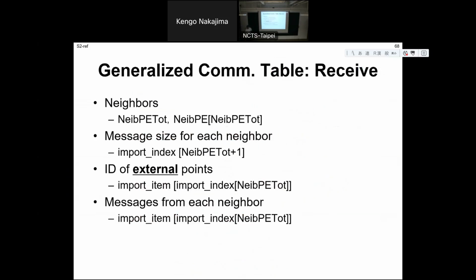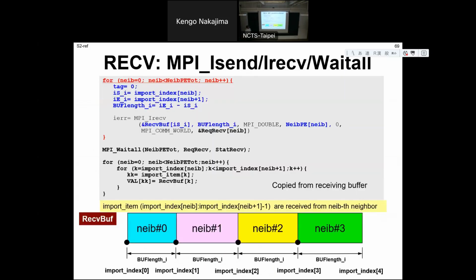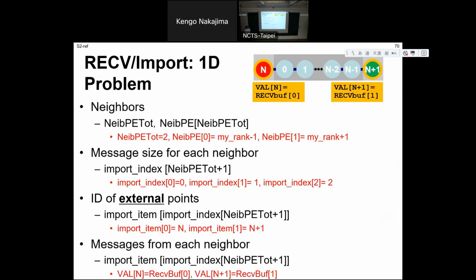So next one is the receiving. It's also the same. In this case, we have external points n and n plus 1. And this is the neighbor list, it's the same. Also import index 0 is equal to 0, import index 1 is equal to 1, and import index 2 is equal to 2, because we are just importing a single node from each neighbor.